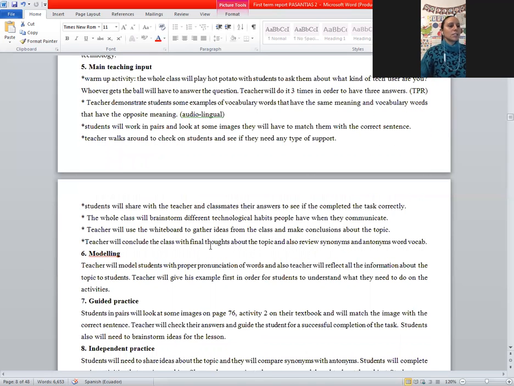Here, the students will share their answers with the teacher and classmates to see if they completed the task correctly. Like I said, I'm going to be checking if they completed the task correctly, and they will also need to share the previous activity with other classmates.